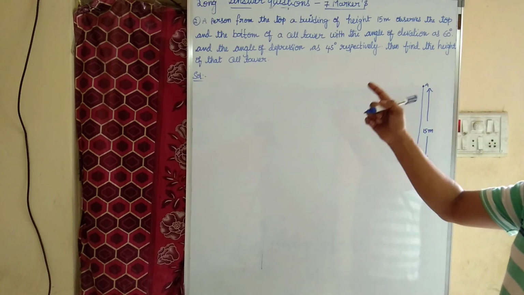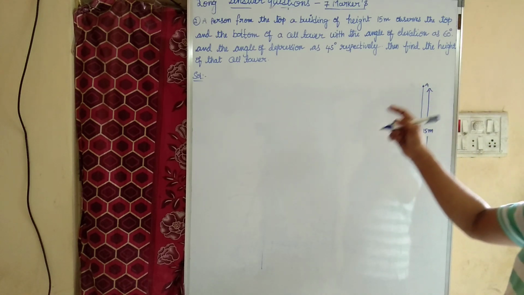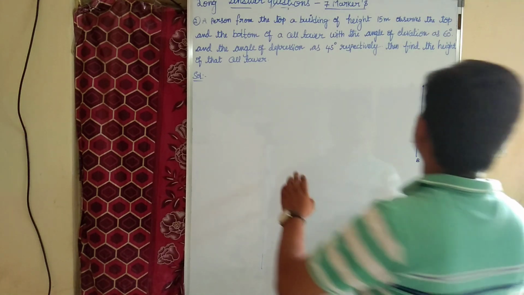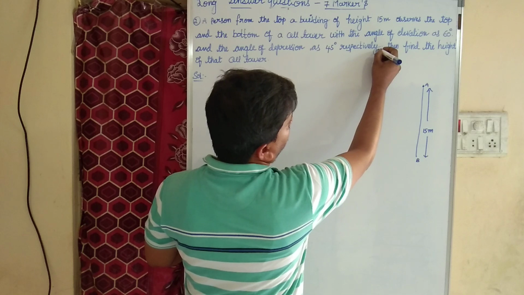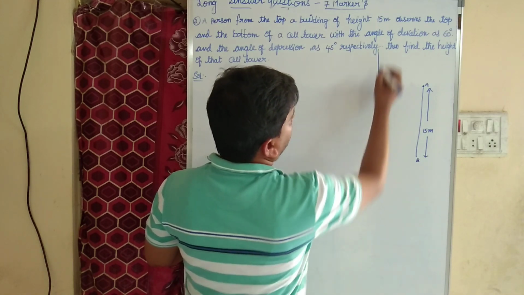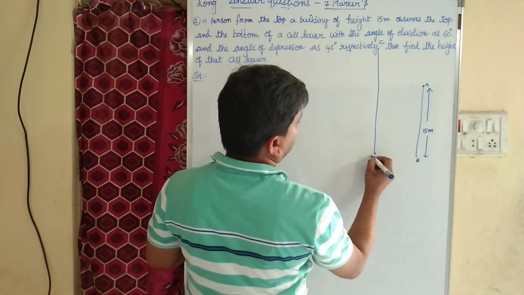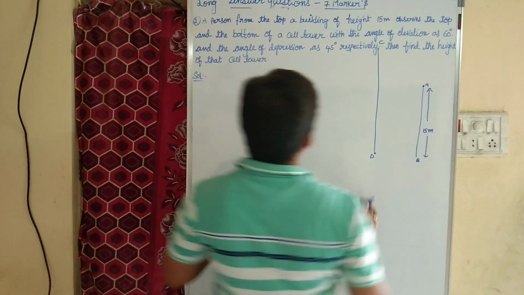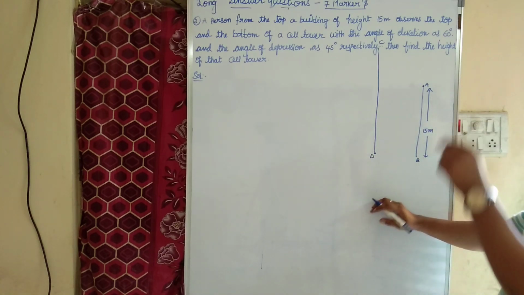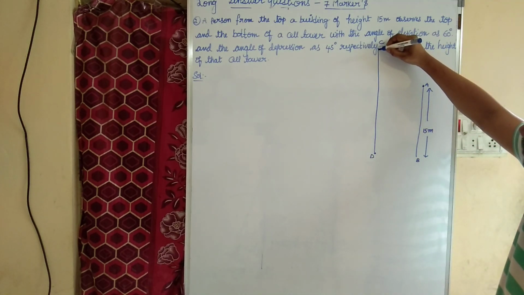A person from the top of a building of height 15 meters observes the top and bottom of a cell tower. Okay. For example, this is our cell tower, C, D, and the top and the bottom of the cell tower with the angle of elevation as 60 degrees. This is our angle of elevation.